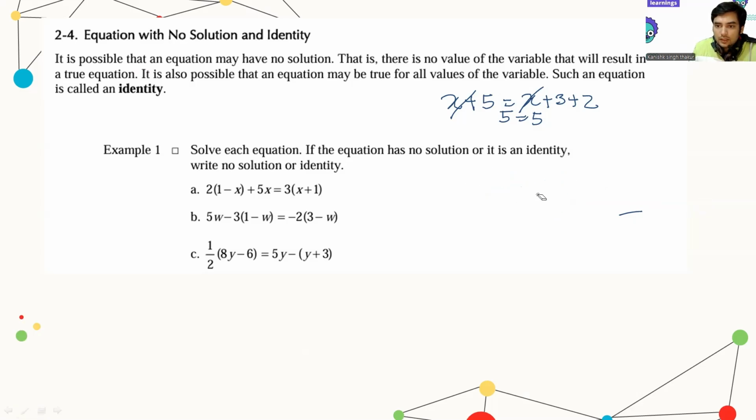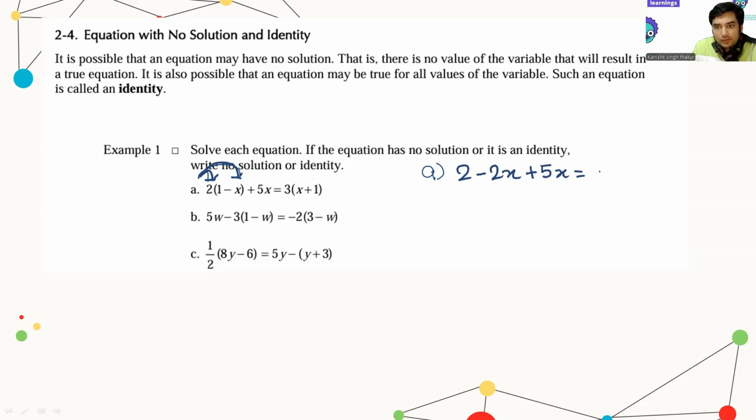So let's go ahead and solve some of these questions here. Here you have a: 2 times (1 minus x) plus 5x is equal to 3x plus 3 times 1. So 2 will be multiplied inside. So 2 minus 2x plus 5x is equal to 3x plus 3.